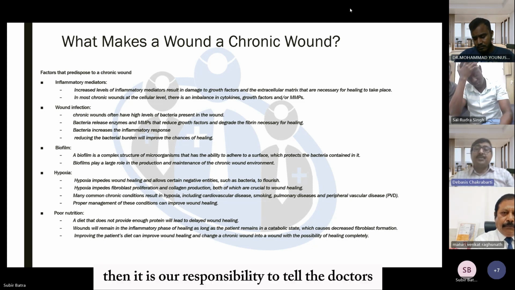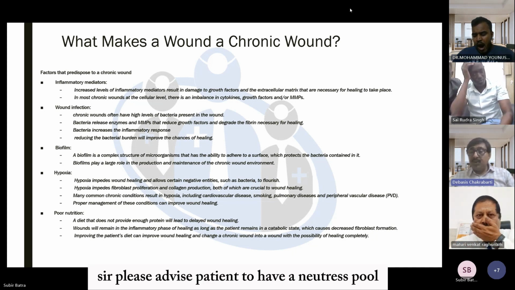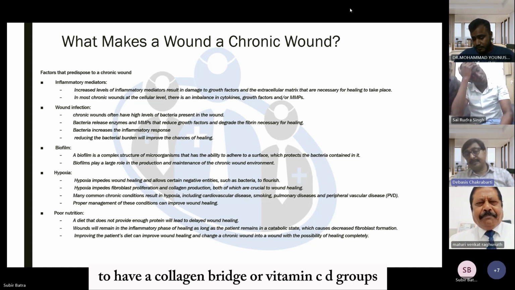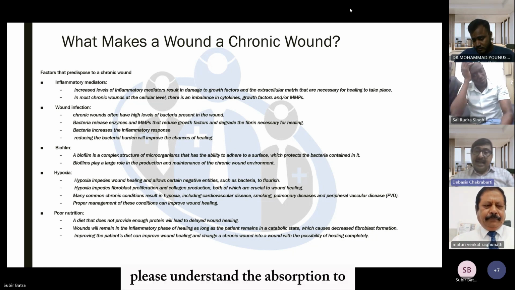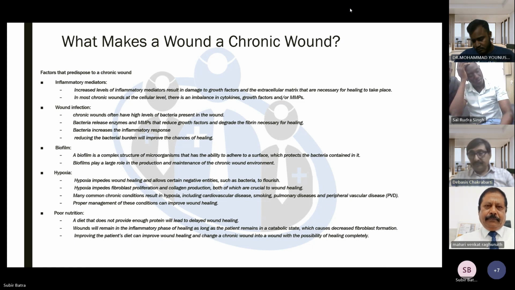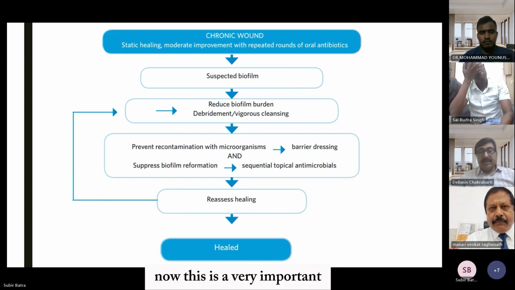Then it is our responsibility to tell the doctors, sir, please advise the patient to have nutritious food, collagen rich or vitamin C rich foods. Please understand, the absorption of any vitamin from vegetables and food is excellent compared to medicines. This is very important.